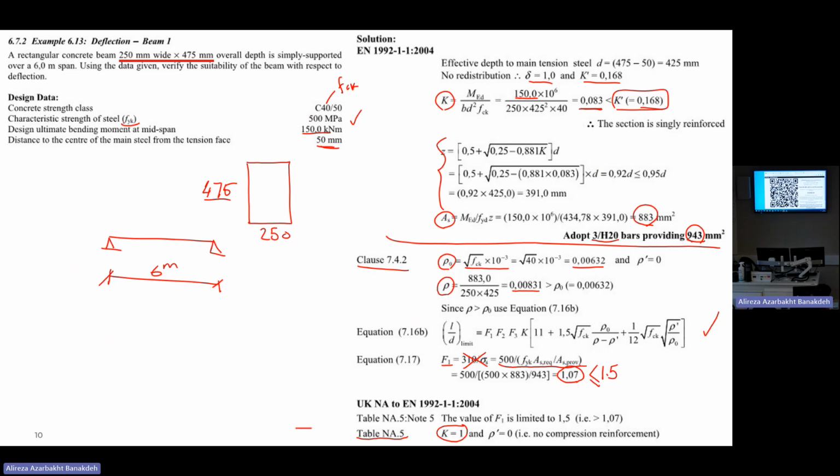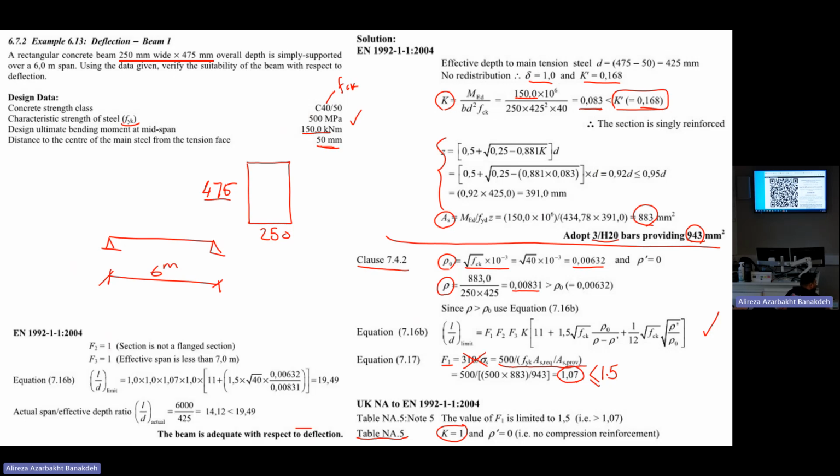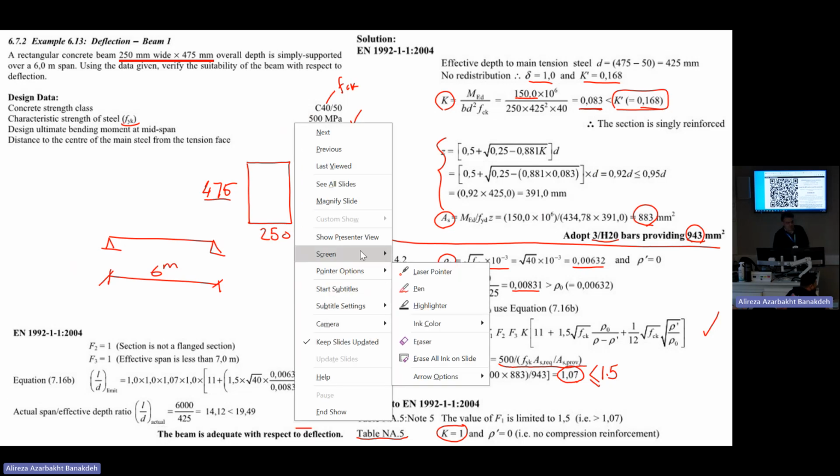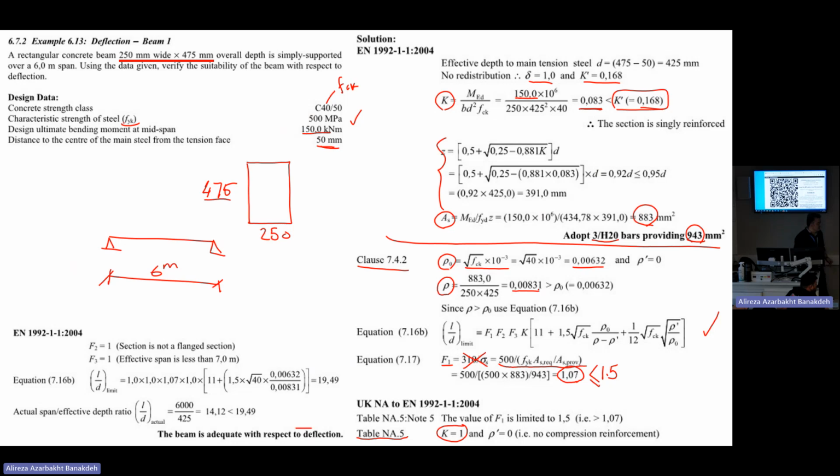So now we have F1, F2, and F3. All right? We have everything together. We have K. We can put everything together in this formula. You can put all the values in this formula, and if you do so, you will get this number, 19.49.